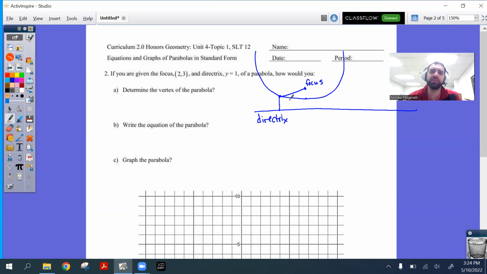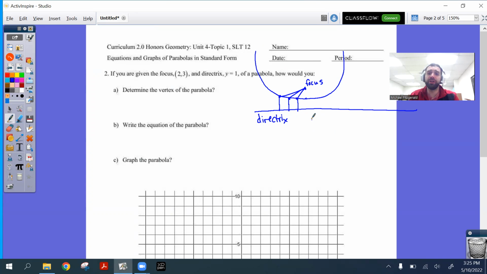This isn't a great example because those distances are off. But let's say maybe there and there, maybe a bit closer. A parabola is generated by those such points, where this distance here is equal to that distance there, and so on and so forth.